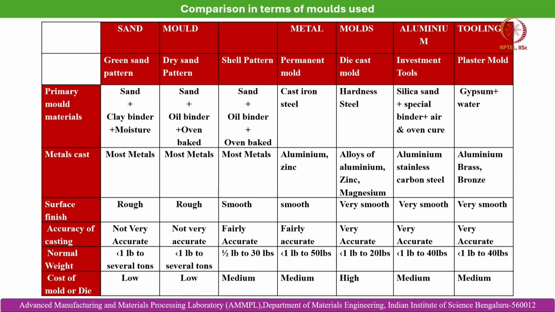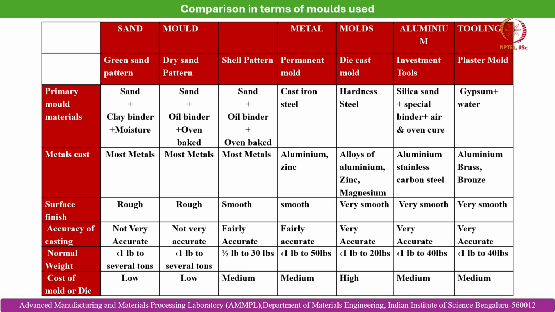So we need to choose the mold material based on the number of parts that we need to manufacture, that is, how many casting cycles the mold needs to endure. It also depends on the temperature at which we are casting, the requirement in terms of thermal conductivity of the mold material, and so on.